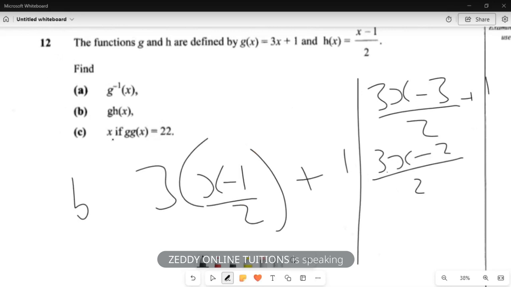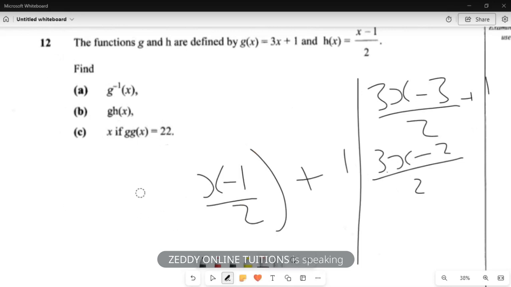Okay, so find x if g of g of x is 22. In g, where there's x, we put what is in g. Now let's find x. Simple, right?